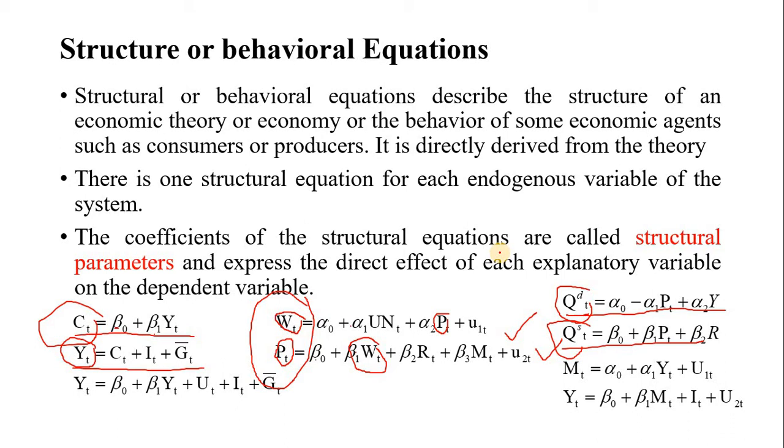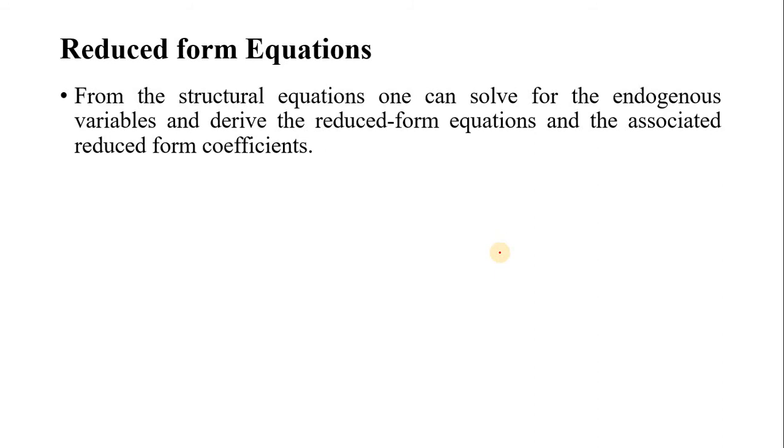Okay, now we have one more type of equation called the reduced form equation. Okay, so a reduced form equation is basically a reduced form of your structural equation. Okay, and this reduced form is basically an equation which is derived by solving the structural equation for each endogenous variable.